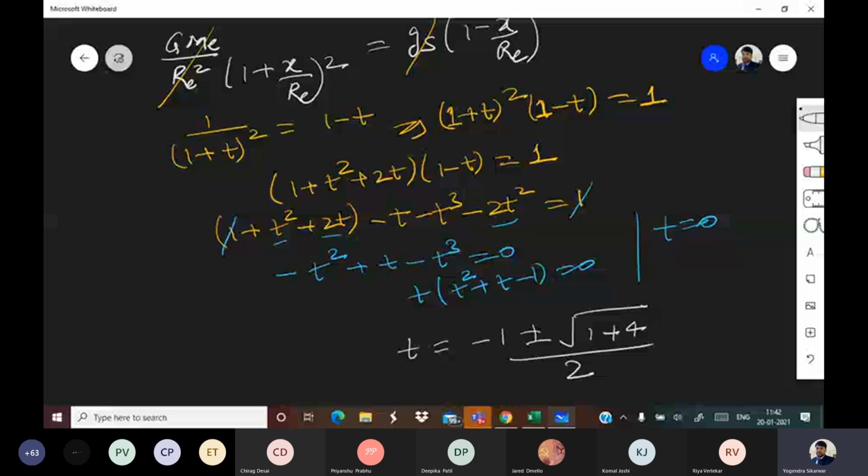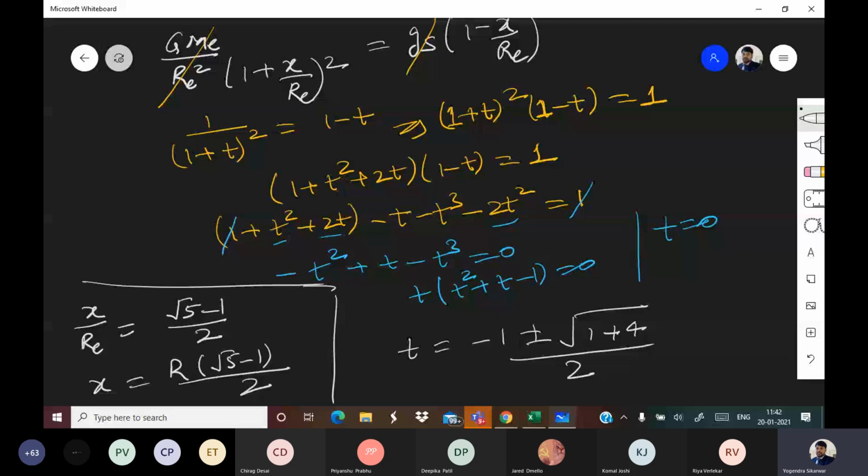So T, which was nothing but X upon RE, is equal to root 5 minus 1 by 2. X comes out to be RE root 5 minus 1 by 2. Everyone please note.